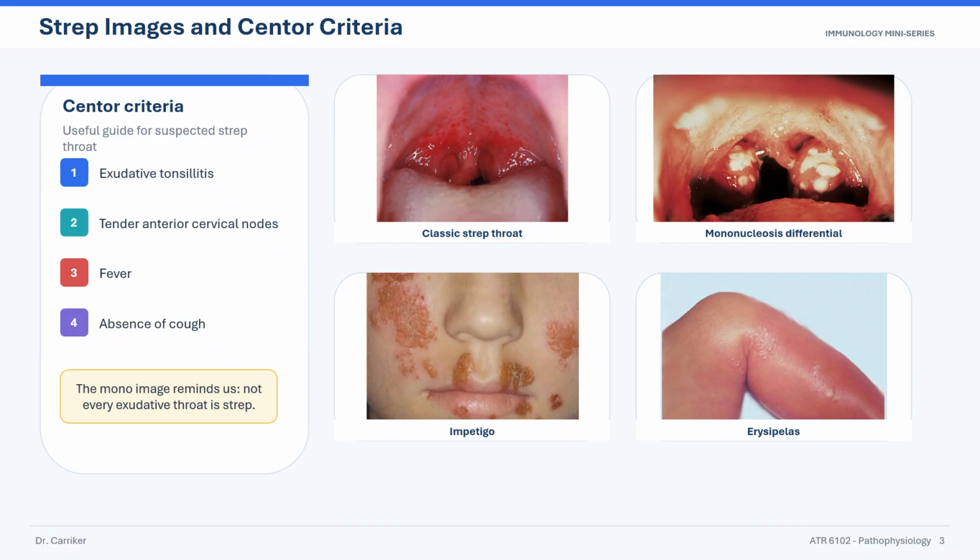There are 4 criteria that lead us to believe, okay, this is what's going on. And that is exudative tonsillitis, tender anterior cervical nodes, fever, and the absence of cough. And the absence of cough matters because cough can actually point more toward a viral illness, but the context still matters.